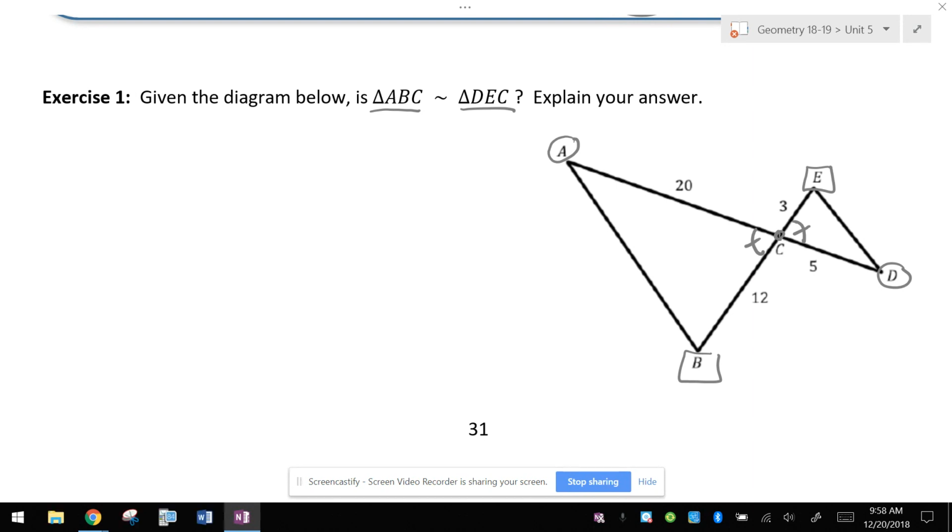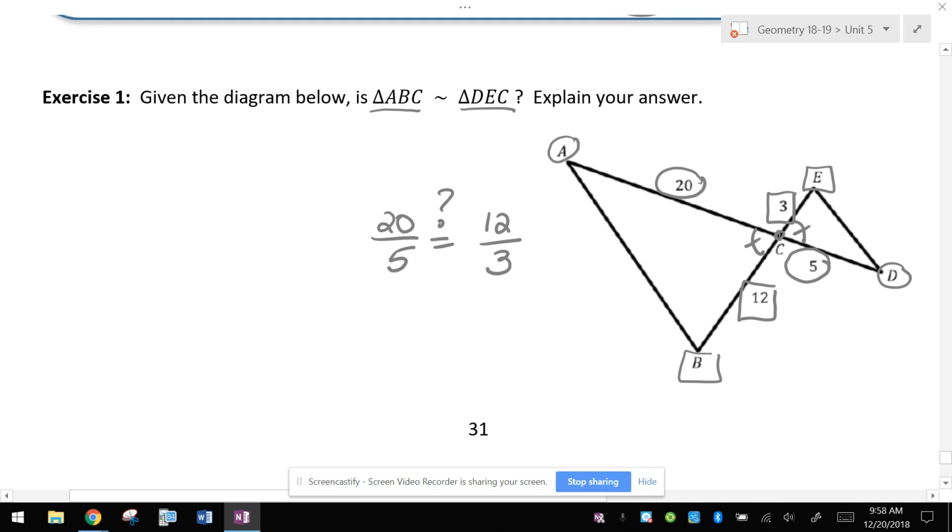Now the other things I have are sides, which is great. So now I'm going to compare corresponding sides. 20 corresponds with 5. And 12 corresponds with 3. And notice how I did left triangle, the right triangle, left triangle, the right triangle.